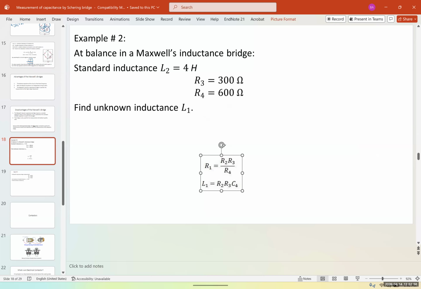I don't know why I can't move it. It doesn't allow me to move it. Interesting. Okay, anyway, I'm just going to leave it here.